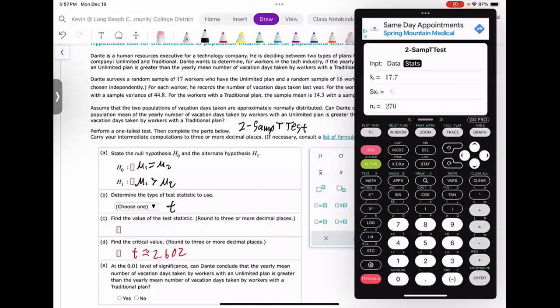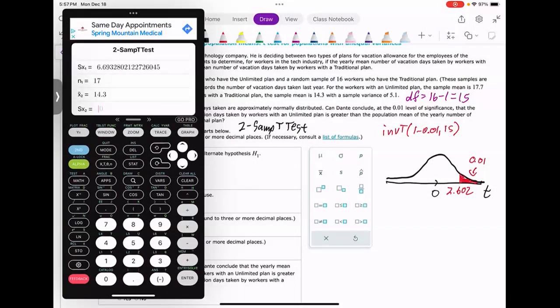So I have to be careful, the square root of 44.8. And n for the unlimited plan is 17. The mean of the other plan was 14.3, with a sample variance of 5.1, so we need to do the square root. N is 16 for the traditional plan.